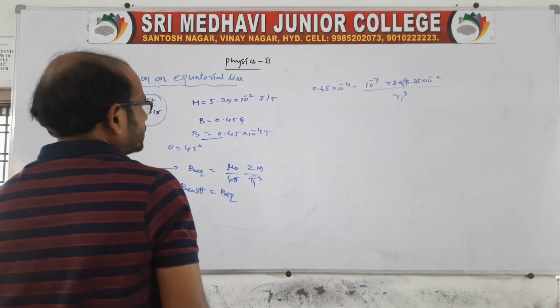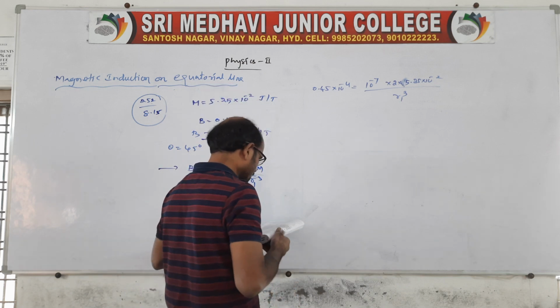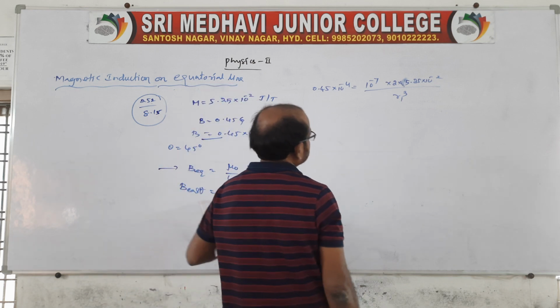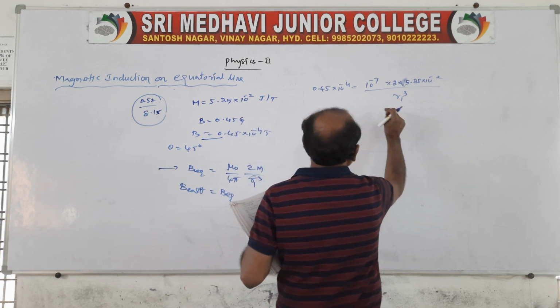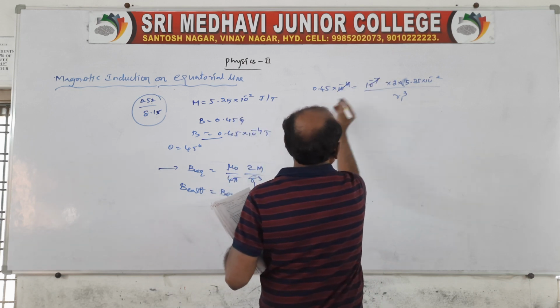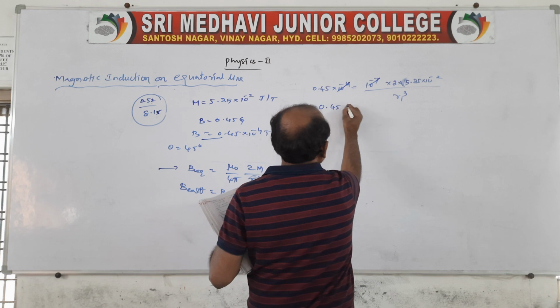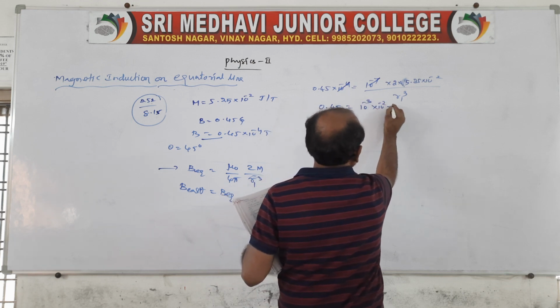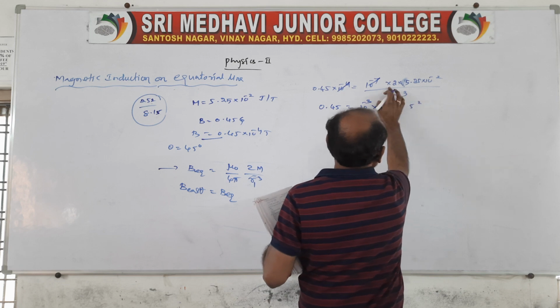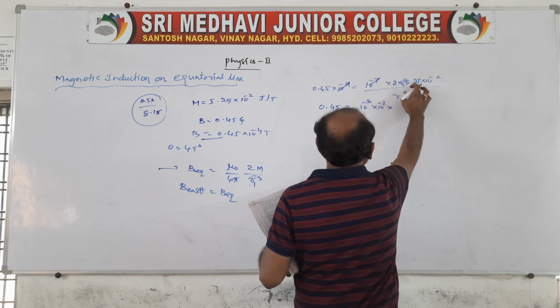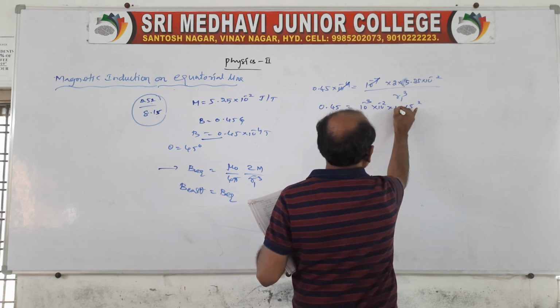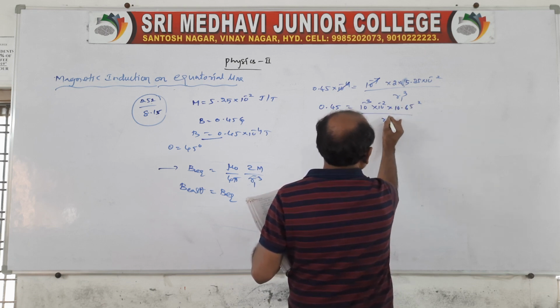First you simplify R1, and cancel whatever similar terms are there. It's 10 power minus 4, 10 power 0.45 is equal to 10 power minus 3 into 10 power minus 2. 5 fives are 25, 5 twos are 4 and 2, that is 10.6 by R1 cube.